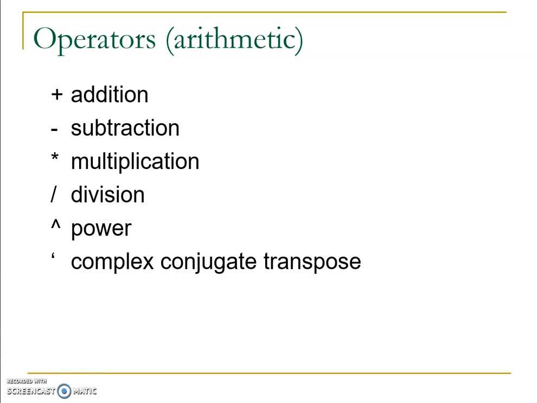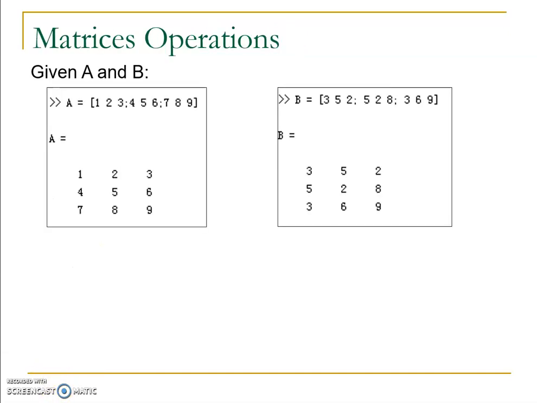Now let's learn a few operators, that is arithmetic operators with matrices in MATLAB, where we can have the operations addition, subtraction, multiplication, division, the power and the complex transpose. Let us first consider two matrices.